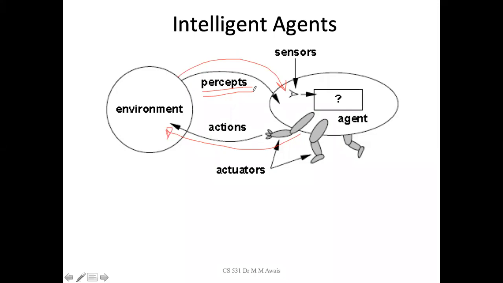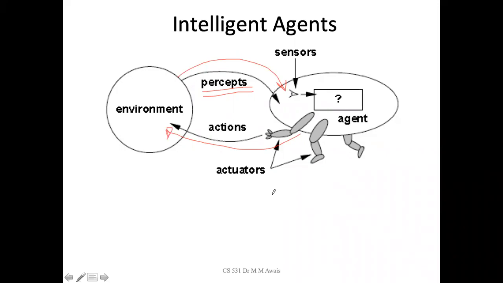The way the agent converts the percepts into actions defines the AI based techniques. And the focus of this course would be to study those techniques. So this is how this complete scenario looks.